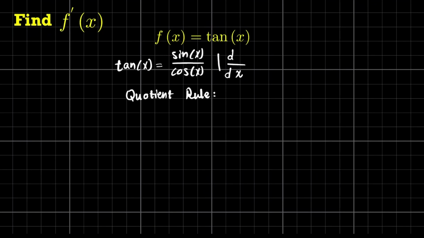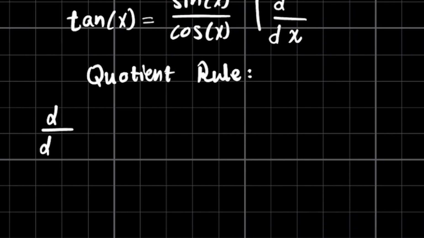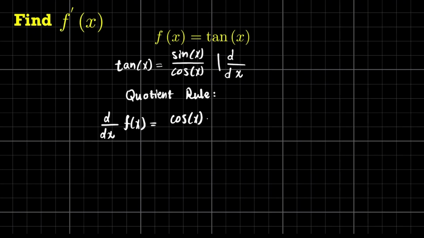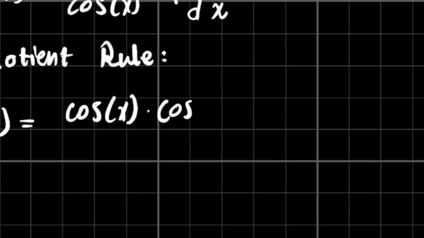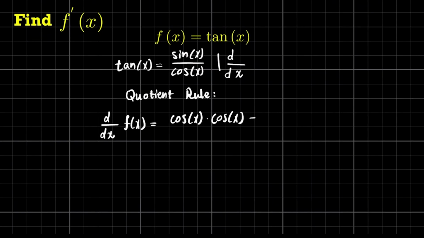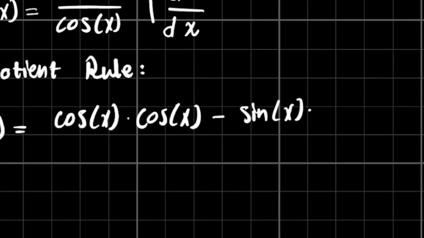Now for the derivative, we're going to take the derivative of sine of x, d over dx. Our function here, f prime of x, is going to be equal to the derivative of sine of x, and that is basically cosine of x, multiplied with the function in the denominator, so that is going to be cosine of x, minus, now we're going to take the original function in the numerator, which is sine of x, multiplied with the derived denominator, which is going to be the derivative of cosine of x, and that is minus sine of x.